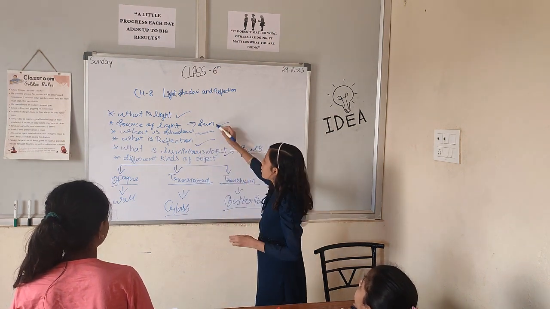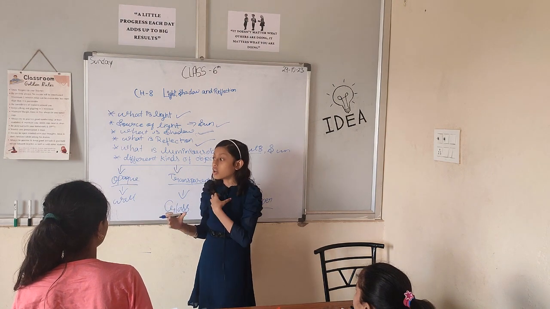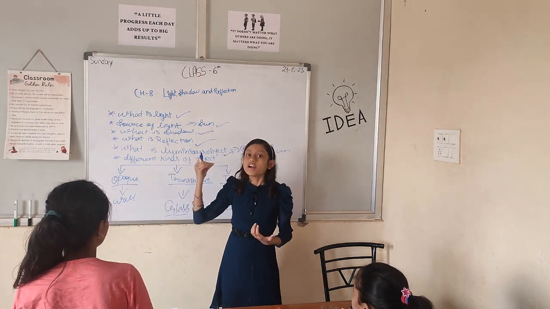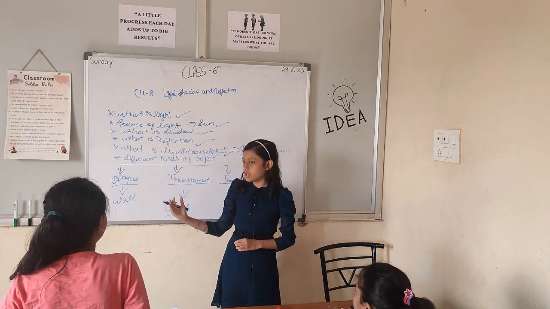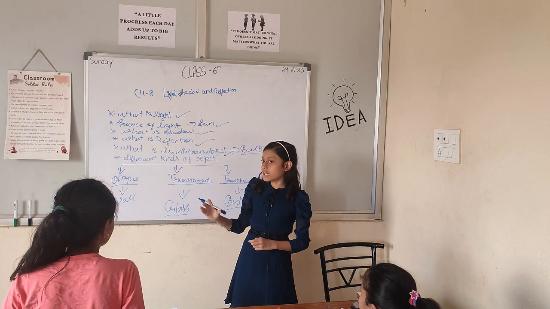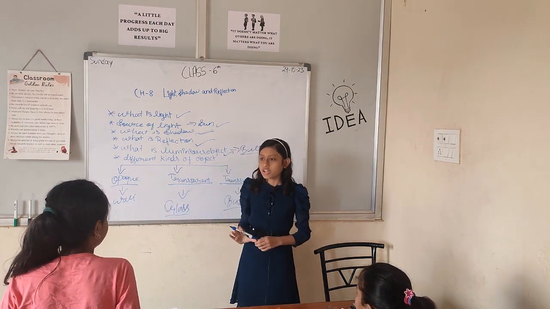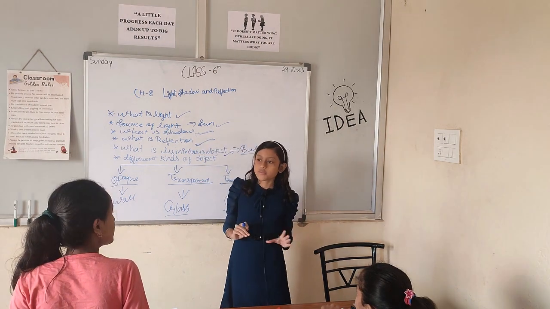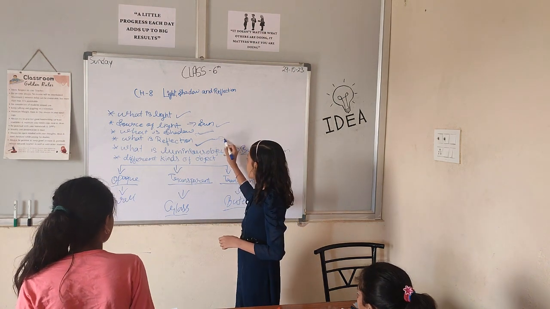Reflection is a phenomenon where you can see your image bouncing back to you, and you can see the reflection clearly in the mirror. When you look at yourself in the mirror, you can see your reflection clearly. Yes, a mirror is an example of reflection.